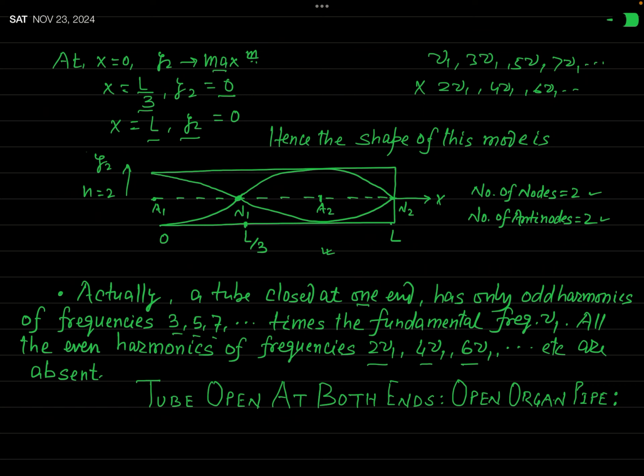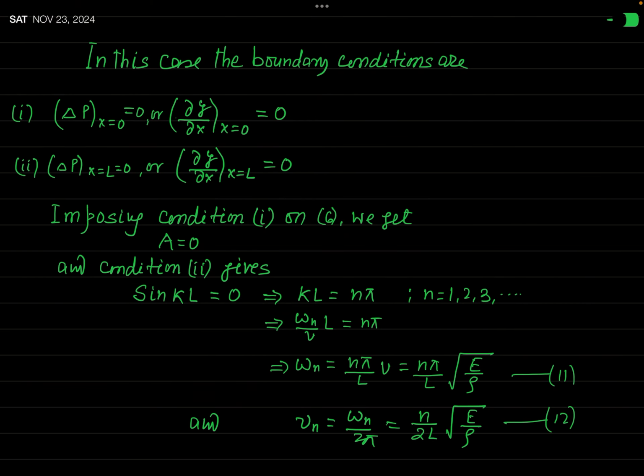Now we are going to see the same problem when the tube is open at both of its ends. Actually, when we study sound waves, in that case we will call it an open organ pipe. Okay. Actually, the same mathematics will be done here, but that will be just identical to what you have seen earlier.